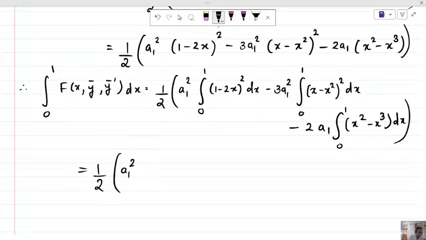It will be giving me 1 minus 2x when I do the integration from 0 to 1. I will get the answer 1 by 3.